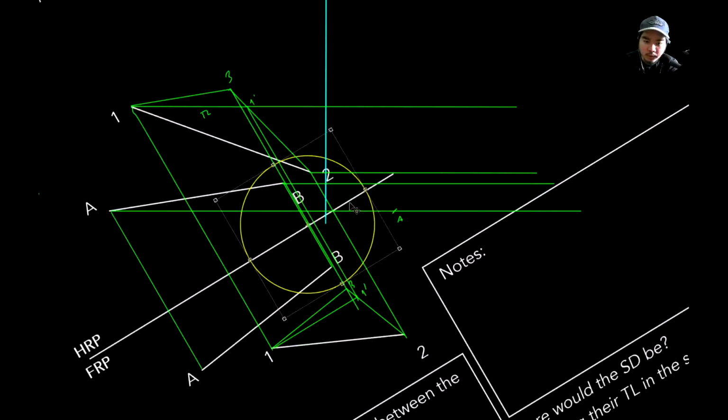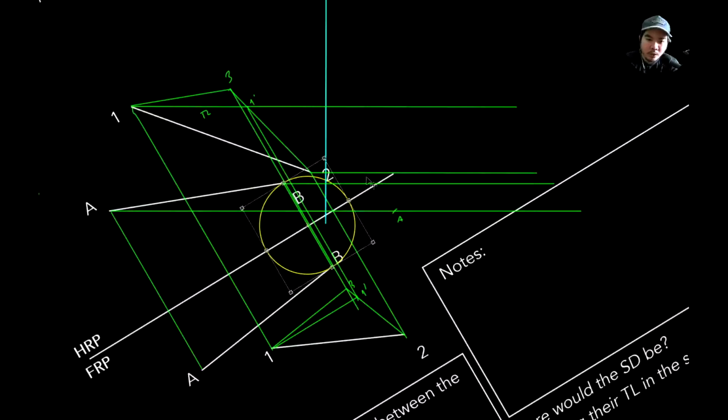Medyo may mga overlapping lines, no? So, I could have planned ahead, na itong line point 3 na to pwede ko in-extend siya hanggang dito dapat para at least hindi siya masyadong malapit dito sa projection line ni B para mas malinis yung sagot ko, pero hindi ako nag-plan ahead, so kaya medyo magulo yung lines ko. But you can do that.